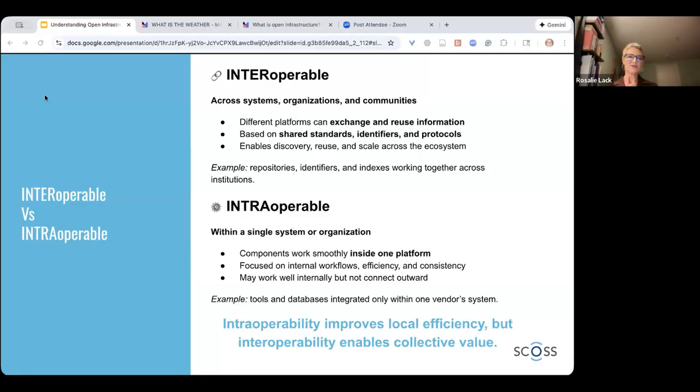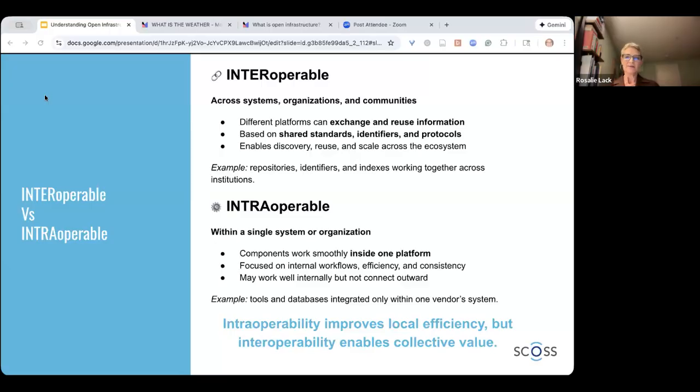There's another term that you can hear, intraoperability. I just want to be clear to not be confused with those. Intraoperability is when you have one platform and within one single system, everything works together. For example, you may have one vendor where all of their tools work together.